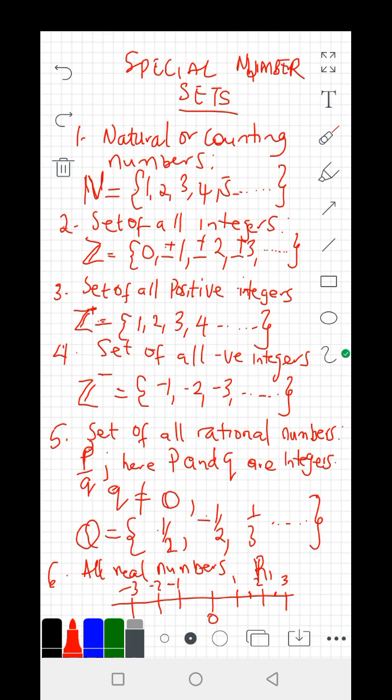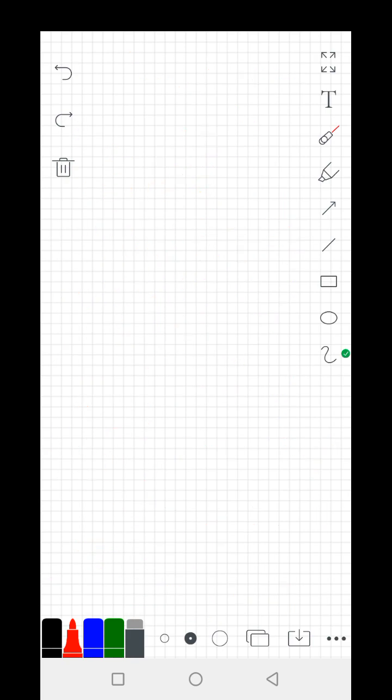So let's go into something else. I think the next thing that we should look at now is how to count elements of a set. So how do we count set elements?